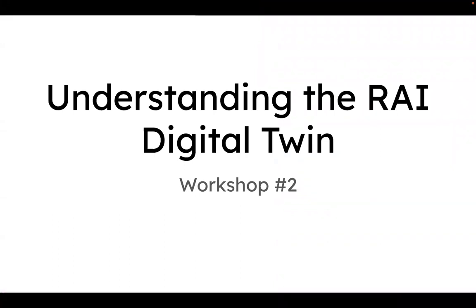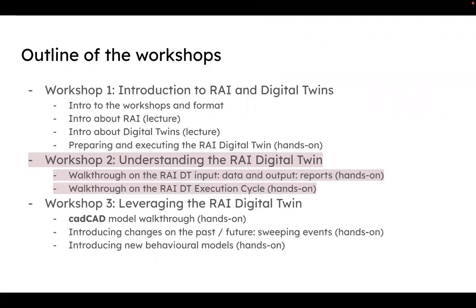So, workshop 2 of the RAI Digital Twins. Going back to the outline, in the first workshop we had an introduction to RAI and digital twins in general, including how RAI works. We also covered what digital twins are, what a design digital twin and an operational digital twin are, and the overall RAI digital twin architecture in terms of those two.